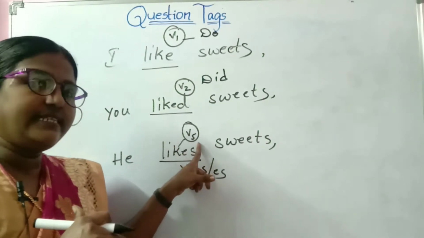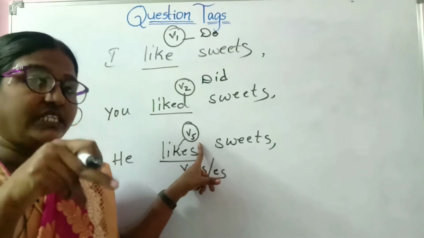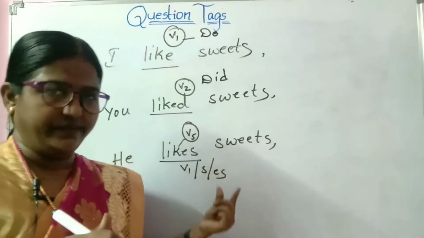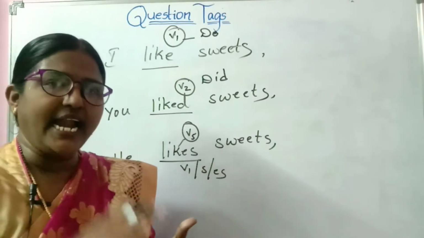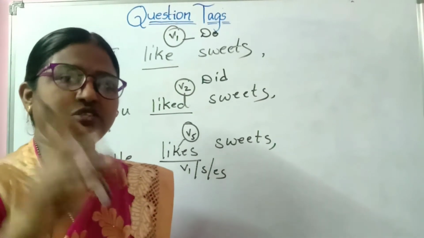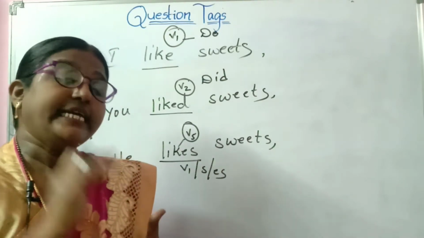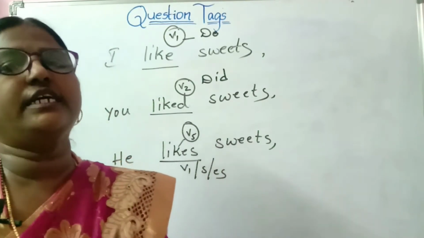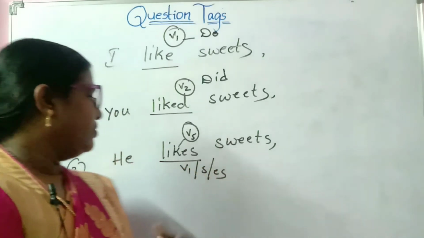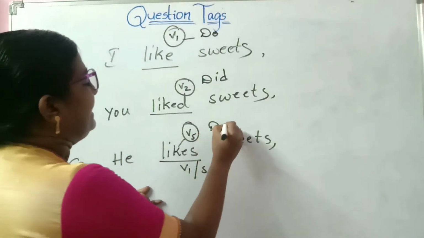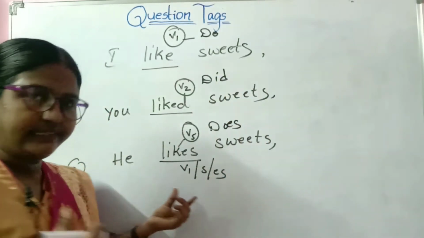When the verb is in V5 form, what is V5? When S or ES is added to V1. V5 is nothing but adding S or ES to the V1 form of the verbs, and these are used only with the third person singular pronouns. So when it is in V5 form, we take does in question tags.